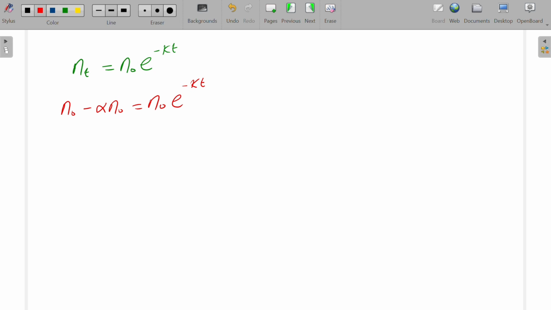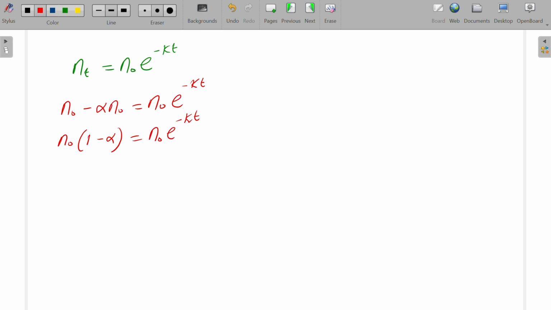On the left-hand side here, we can factor it out to make our mathematics easier. We have n initial here and n initial there, so we have something that is common. We'll have n initial outside, and then 1 minus alpha, which is the degree of dissociation, and this is equal to n initial times e to minus kt, like that.